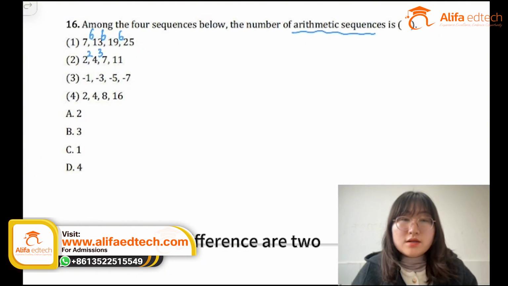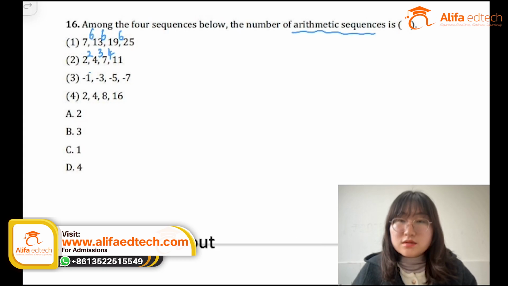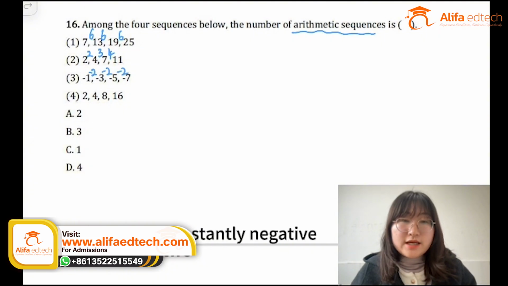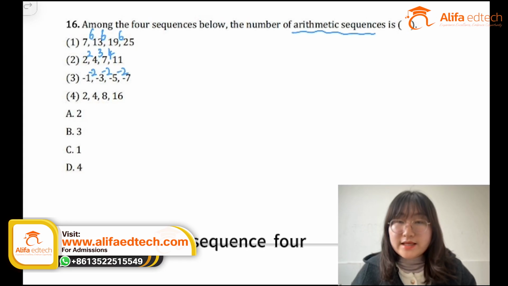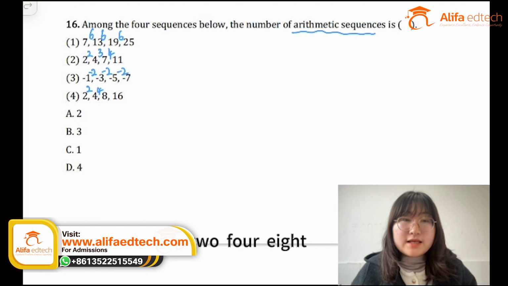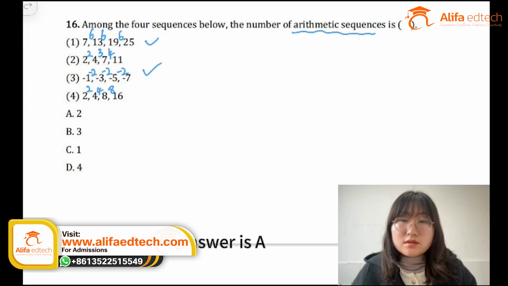Sequence 2: the differences are 2, 3, and 4, not constant, so it's out. Sequence 3: the difference is constantly negative 2. This is arithmetic. Sequence 4: the differences are 2, 4, 8, not constant, so it's out. The correct answer is A.